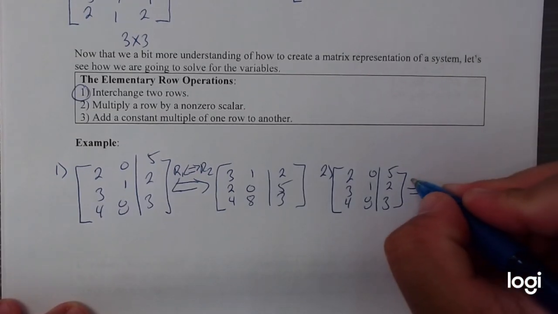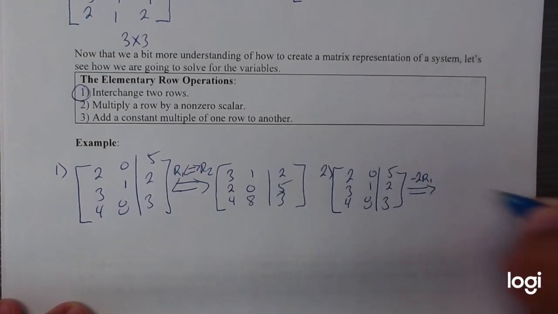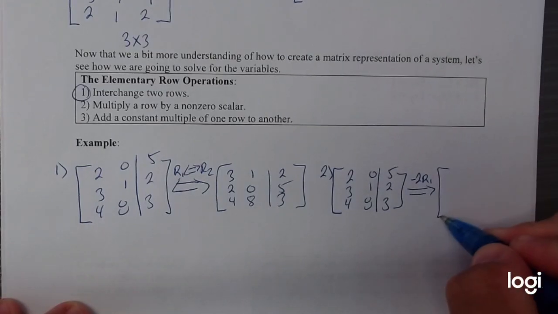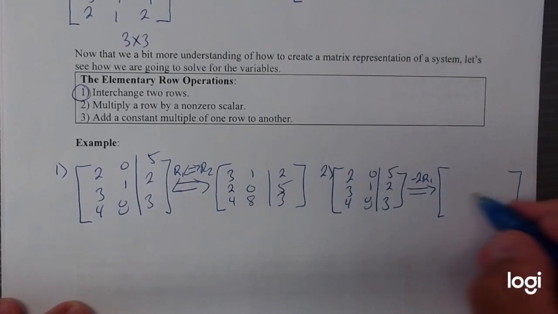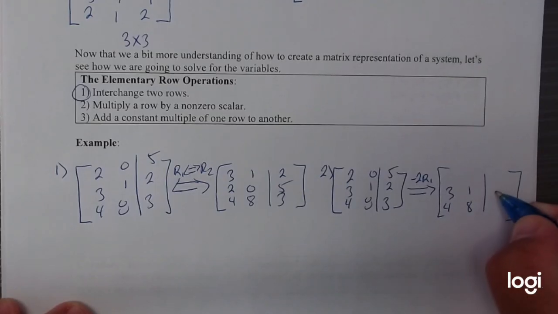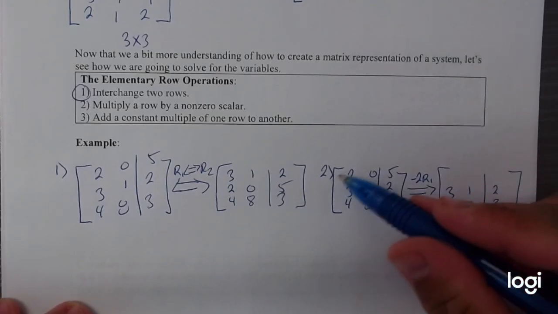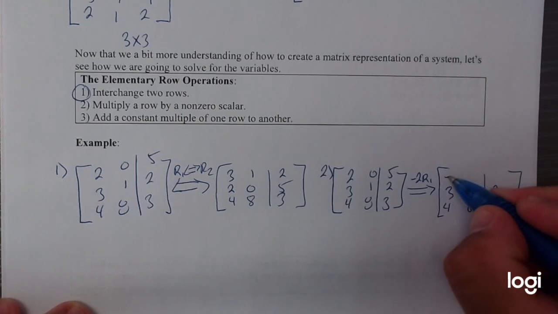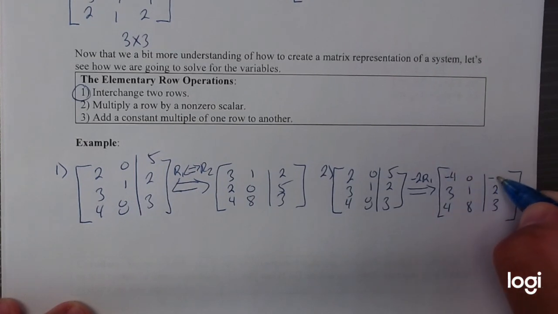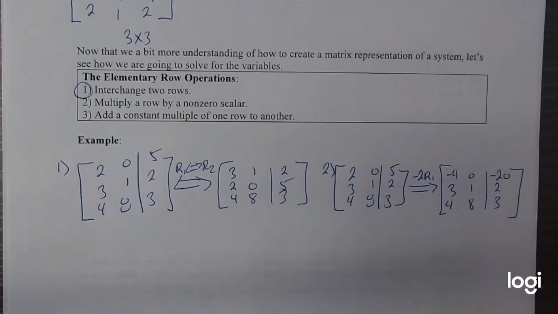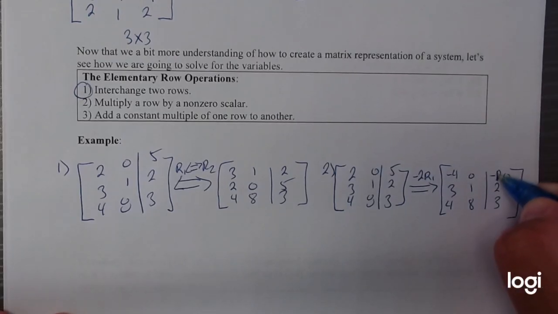So I'm going to multiply row 1 by -2. Everything else is the same. And now I just multiply row 1 by -2, so it becomes -4, 0, -10.